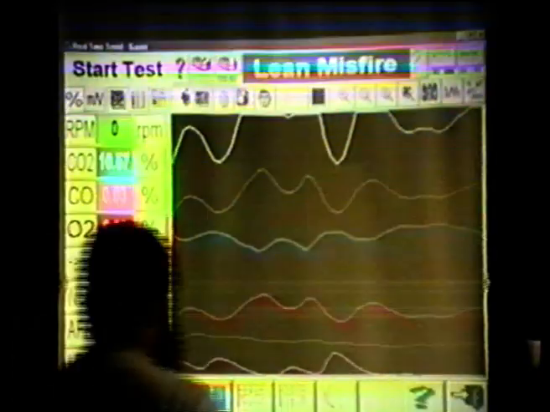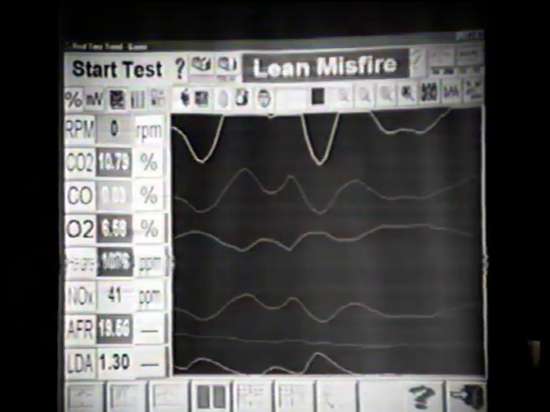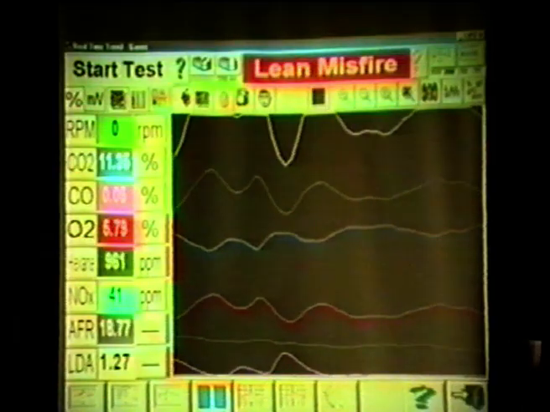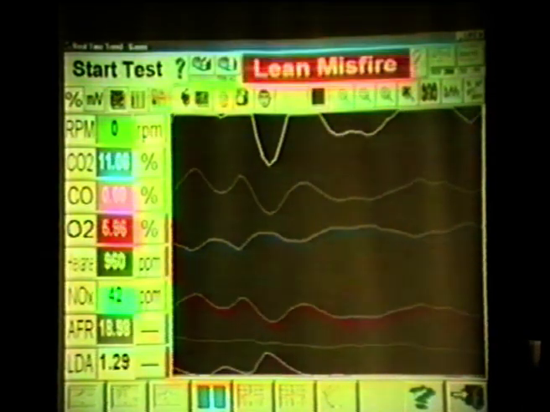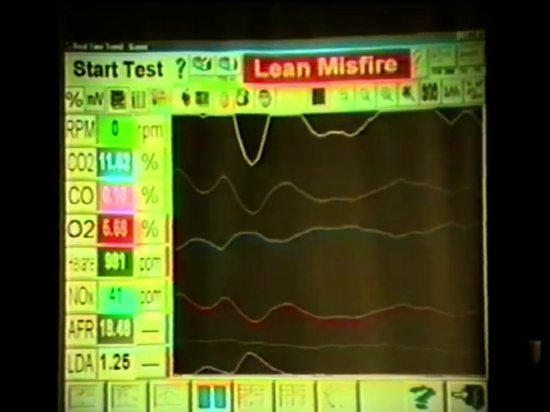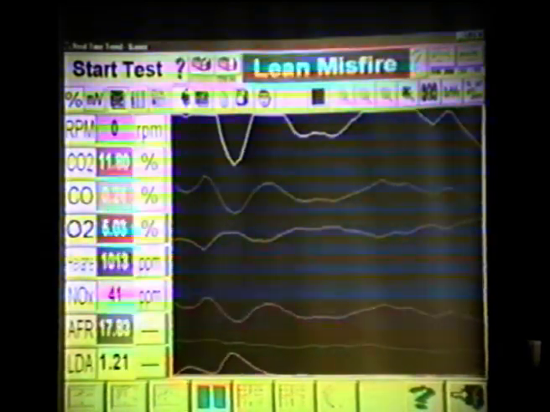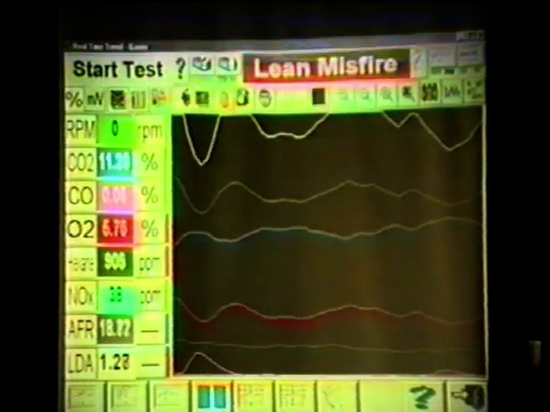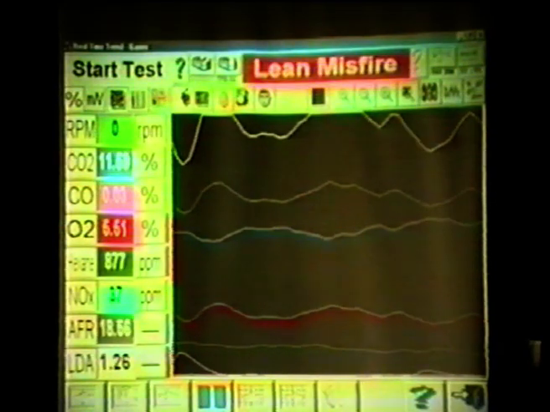Is that telling us what air? Not air, it's vapor. The machine is coming up and giving you the most likely prognosis, that it's misfiring due to the lack of fuel.